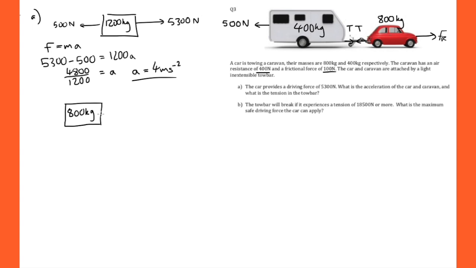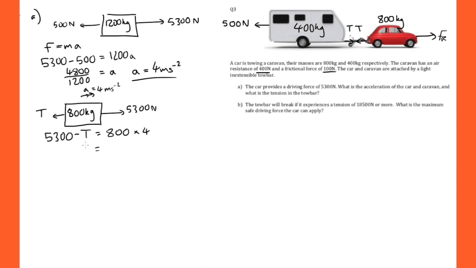We have a driving force of 5,300. In this direction we have the tension. The acceleration is 4. So to work out the tension, we do 5,300 minus T, and that equals 800 times 4.